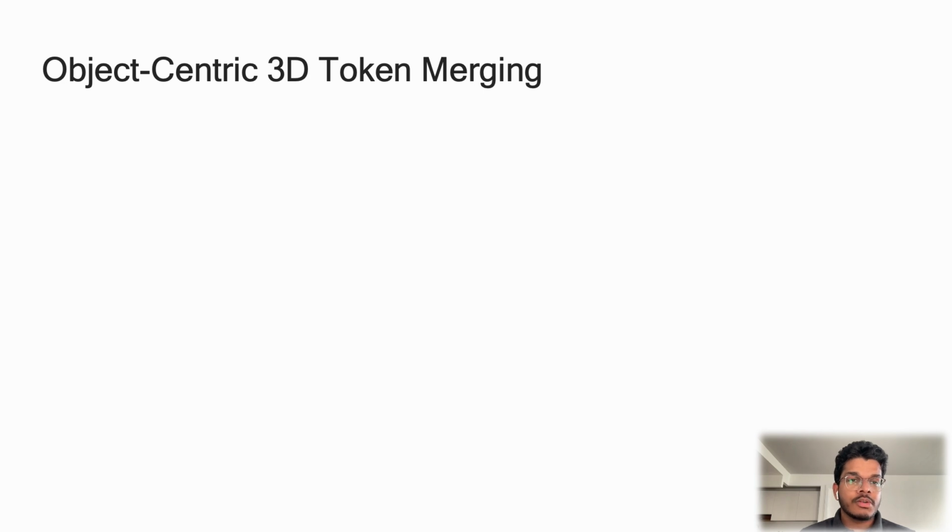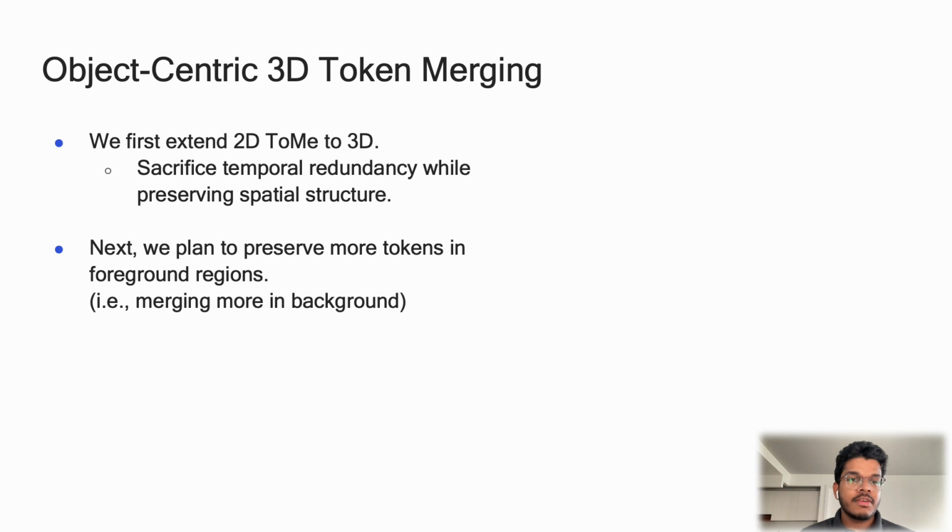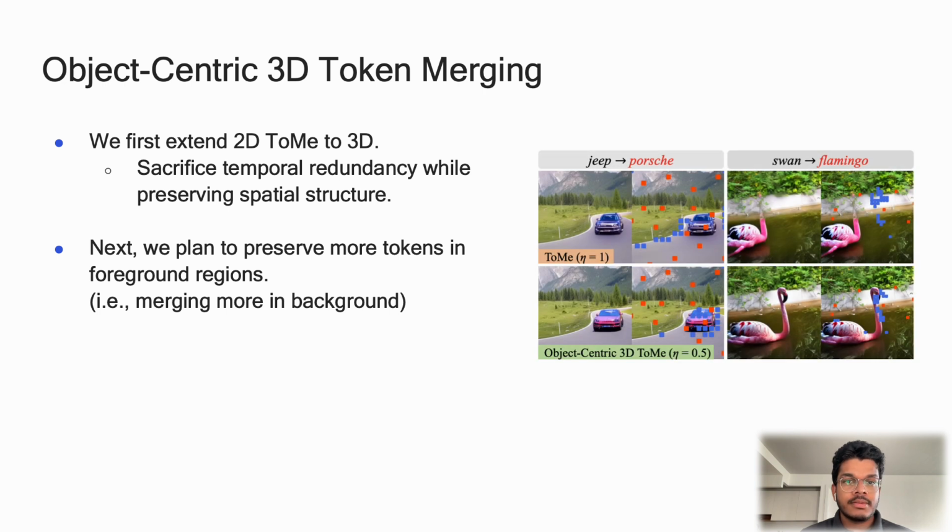In object-centric 3D token merging, we first extend 2D token merging into 3D by sacrificing temporal redundancy while preserving spatial structure. Next, we plan to preserve more tokens in foreground regions by merging more in the background. Let's look at an example.